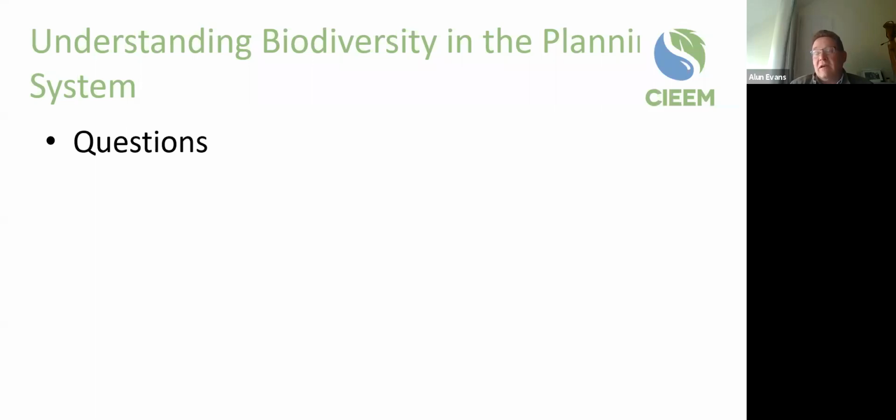And unfortunately, not all data does end up in local record centres. So I usually operate a twin track approach of both formally going to the local record centre, and also having a quick search on the planning authority's planning website just to see what else is out there. Because sometimes you do find some very useful information.